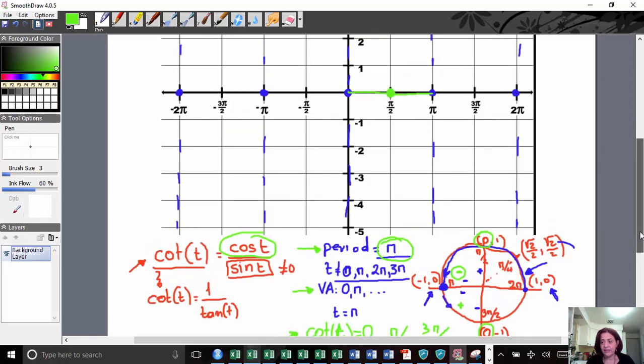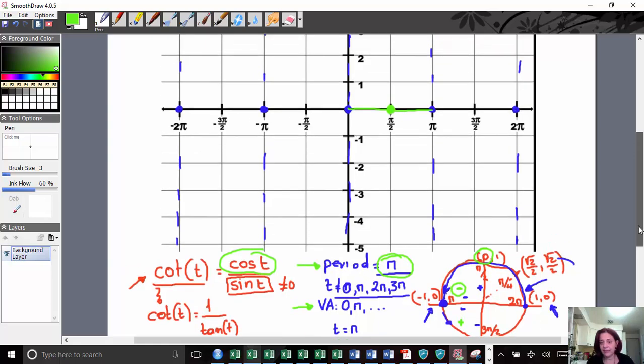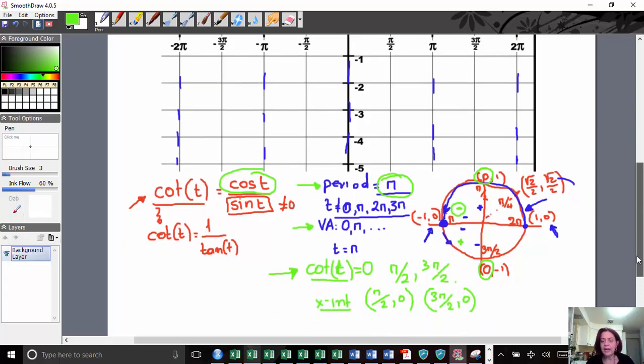This will also give us the information about how the cotangent will look. Okay, let's take a few points. Let's take 1 point, just 1 point right here.